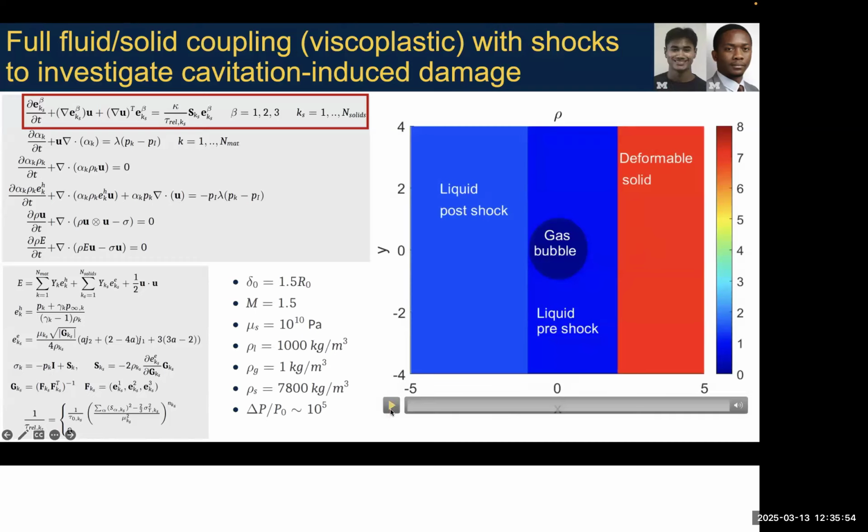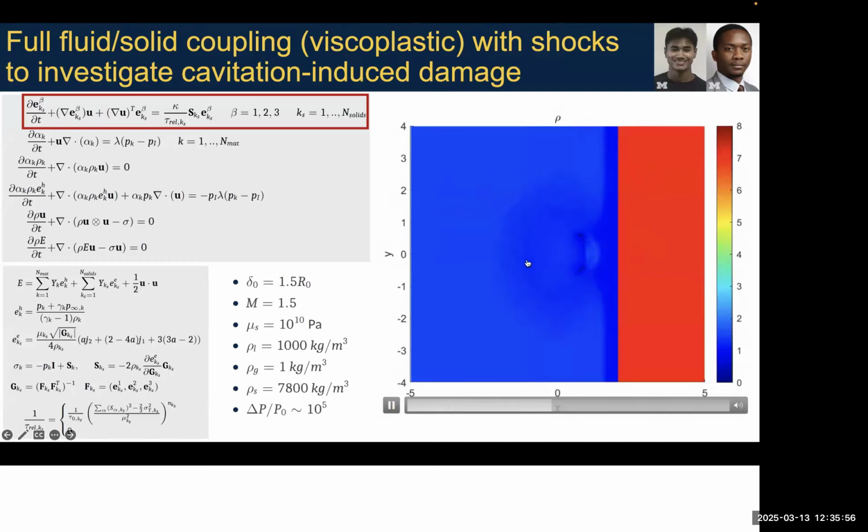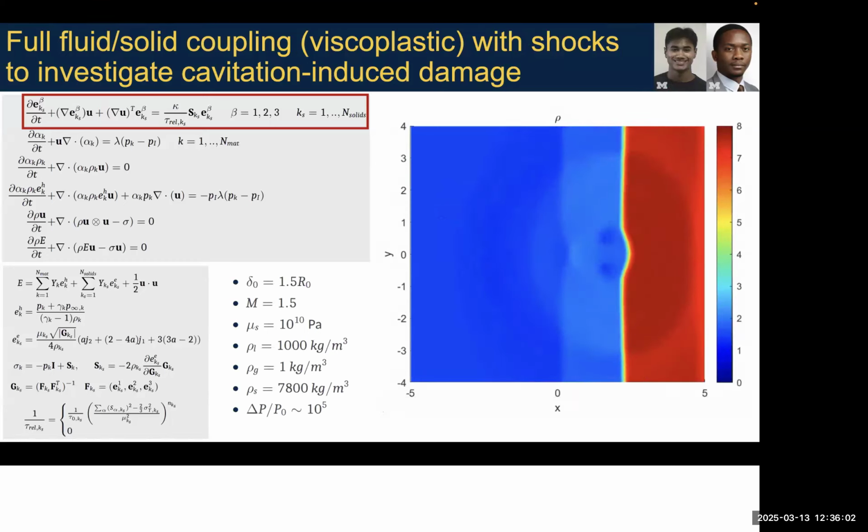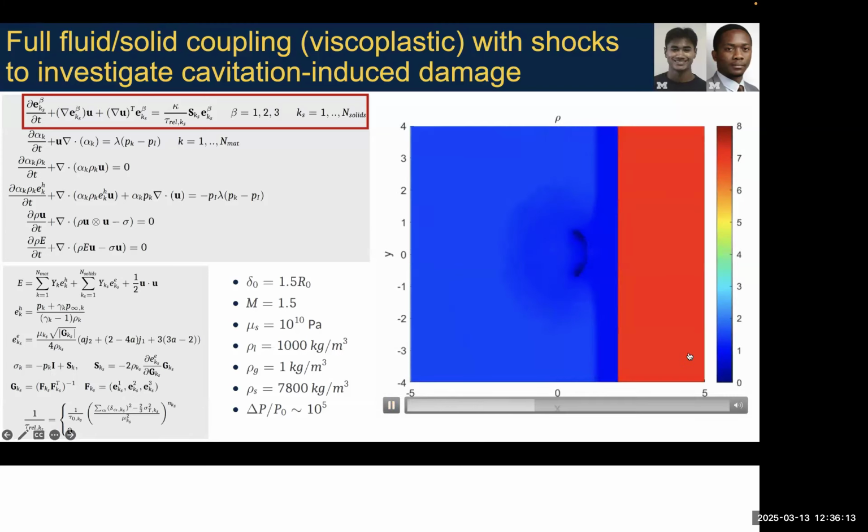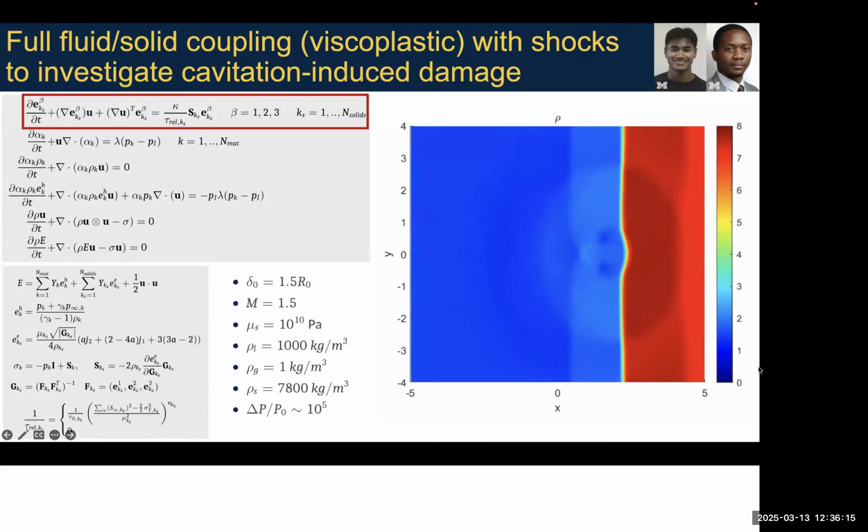What I'm going to show here is an animation of a shock collapsing a bubble near a solid surface. Here, this framework allows us, in a single monolithic approach, to represent liquids, gases, solids, including deformations along the solid surface and wave propagation in the solid.